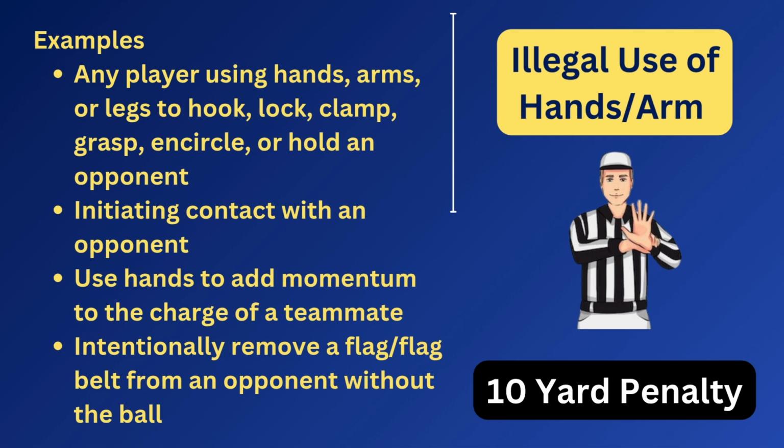Or using hands to add momentum to the charge of a teammate, or intentionally removing a flag or a flag belt from an opponent without the ball. So you can't just go around and pull everybody's flags off to gain an advantage, right? You can only attempt to pull the flag of a player that has the ball. So any of these would be examples of illegal use of hands or arms, essentially a contact foul.